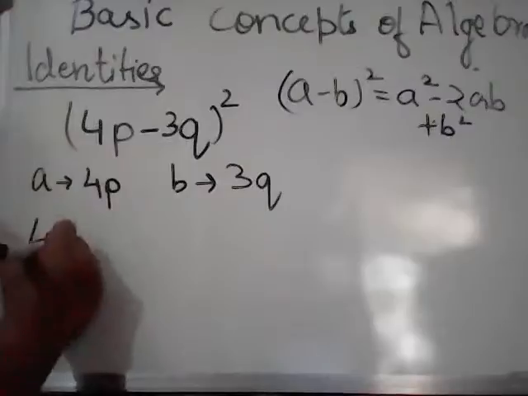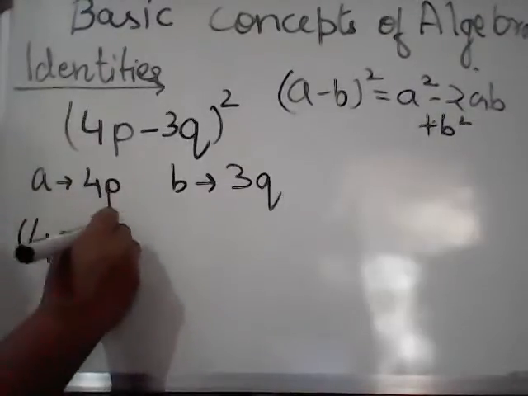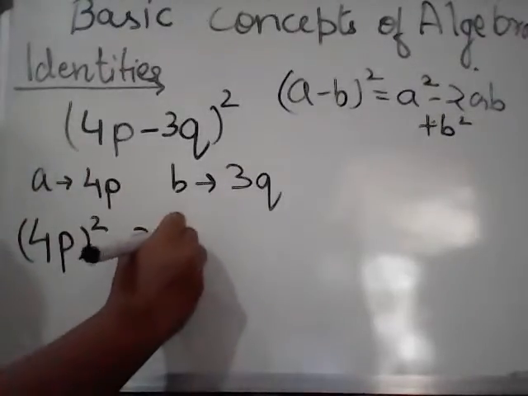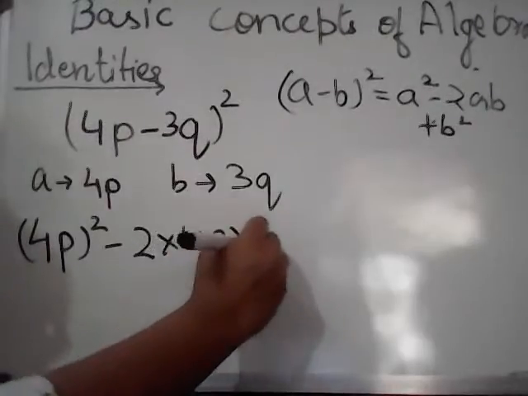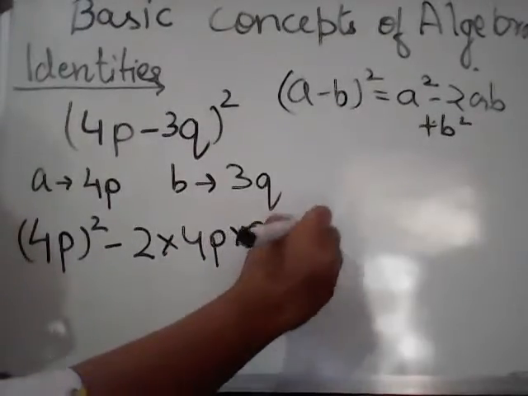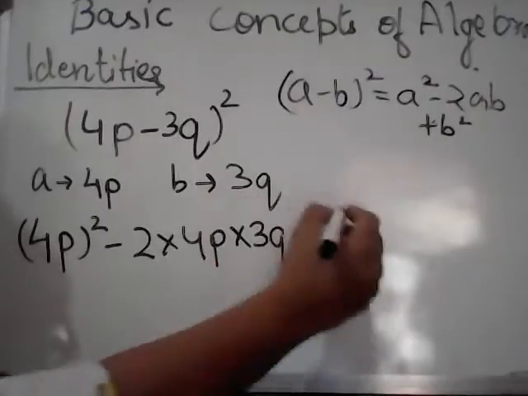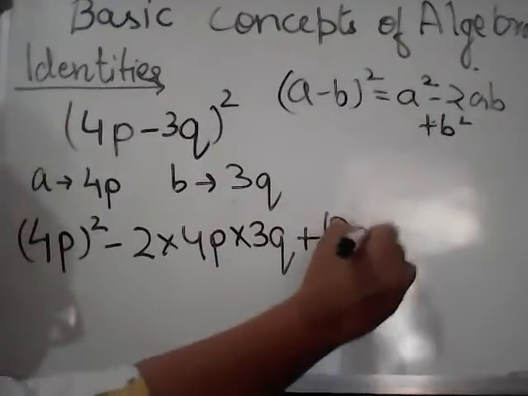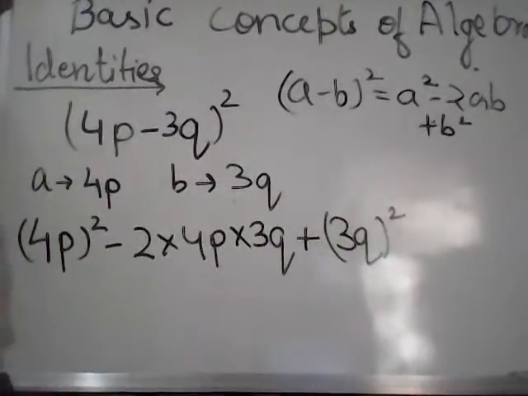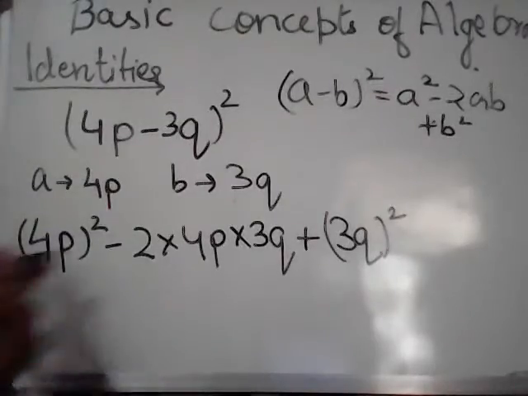A square means 4p square, minus 2 into 4p into 3q, plus b square means 3q whole square. Right? Now simplify it.